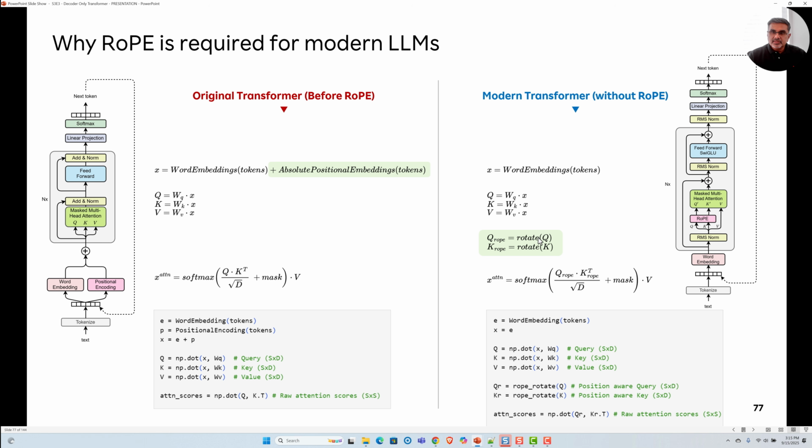So why does making this small change make possible modern day LLM applications like ChatGPT, where the context length is like 128K, where people don't just ask a small question and expect a very short answer? People ask a question, they get an answer, they ask a follow-up question. In order to feed that follow-up question, the answer from the first question is also embedded as context for the second question and so on.